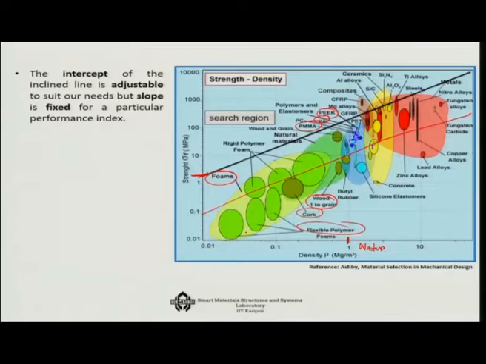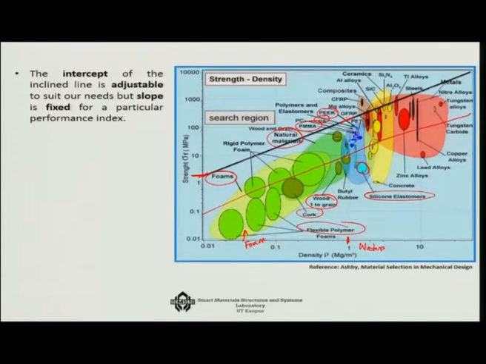So this is, so to say, the foam group, and these are mostly the natural materials as shown here, and then we have the polymers here. Some of them are high performance polymers. We get elastomers also, but elastomers also may fall below the line depending on our choice of the minimum intercept.